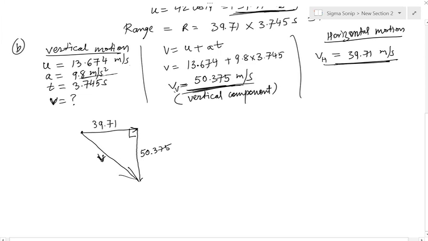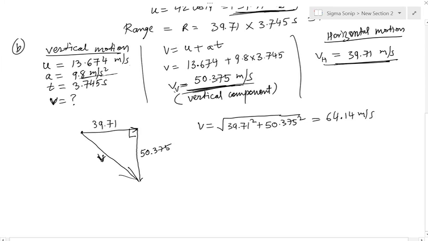This angle is 90 degrees. Using Pythagoras theorem, V is equal to the square root of 39.71 squared plus 50.375 squared, and that gives me 64.14 meters per second.